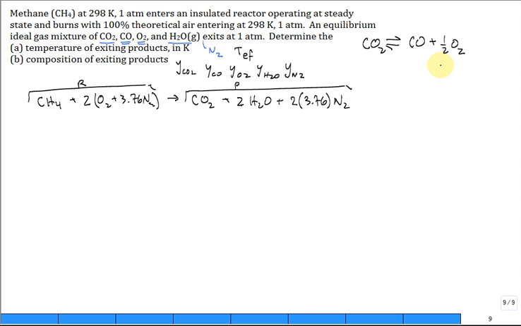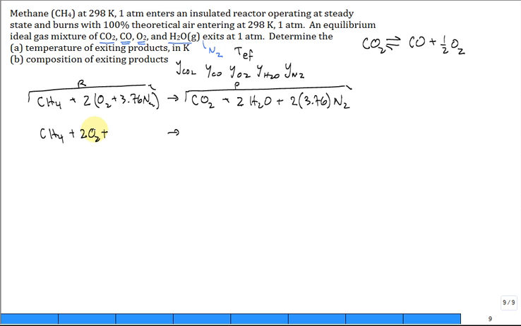That's in our tables. We can get the K value, the equilibrium constant for that equation, right? And that's why it's an equilibrium. It's chemical equilibrium. True?